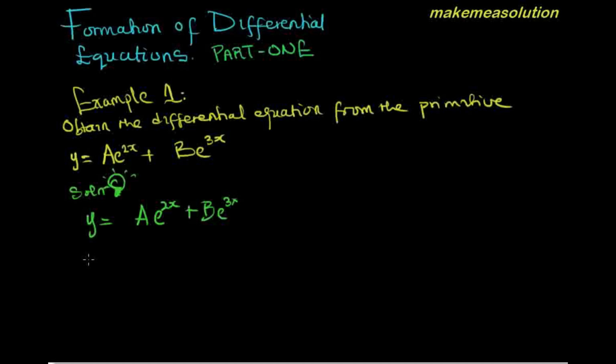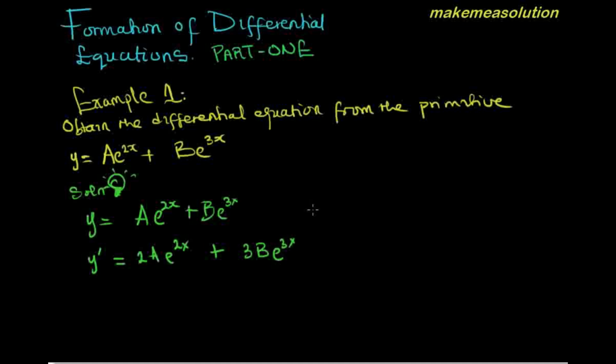Now y prime is equal to, when you differentiate this particular side, what are you going to get? 2a exponential 2x. Is that okay? I hope you still remember your calculus. Plus, when you differentiate this side, you're going to get 3b exponential 3x.